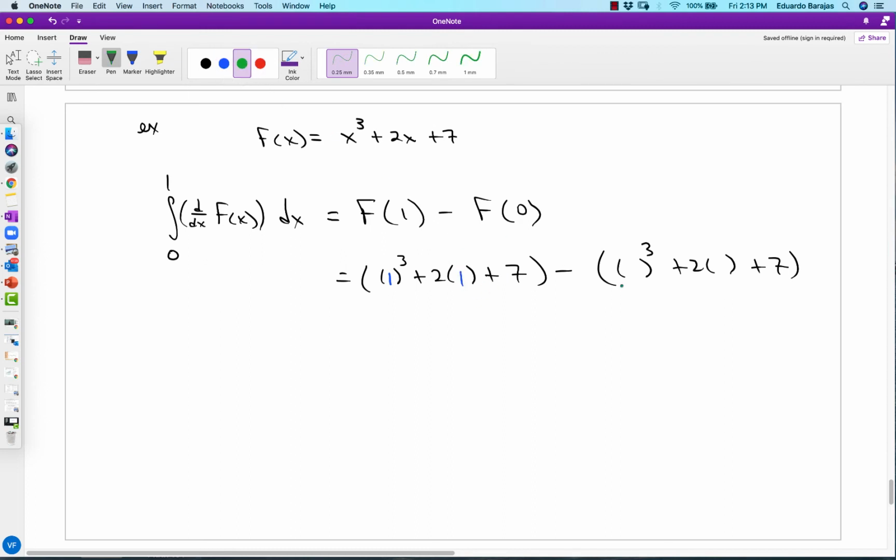And then evaluating it at 0, I get 0 plus 7. So I get 1 plus 2 plus 7, which makes 10. So it would be 10 minus 7, which gives me a final answer of 3.